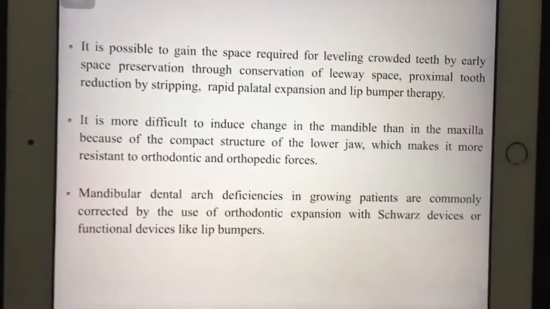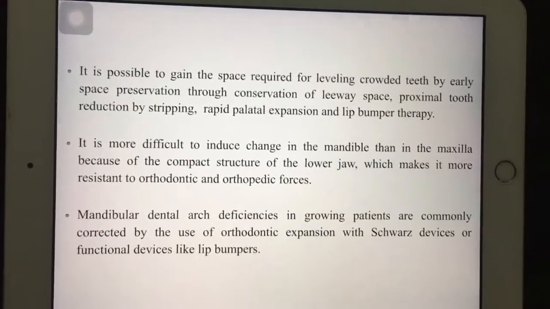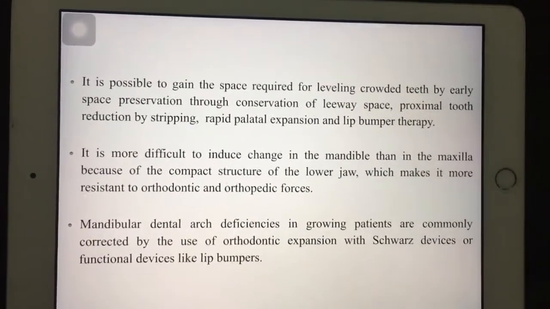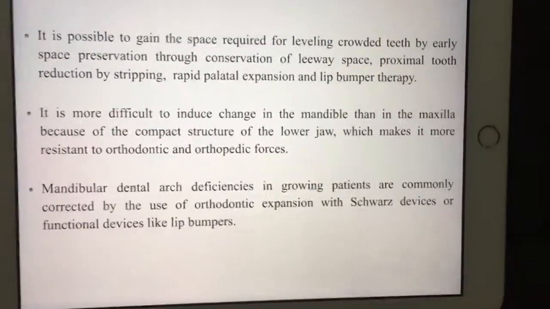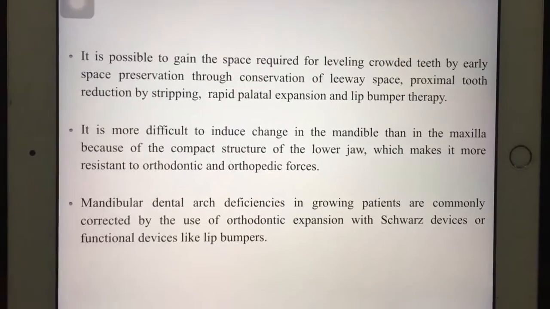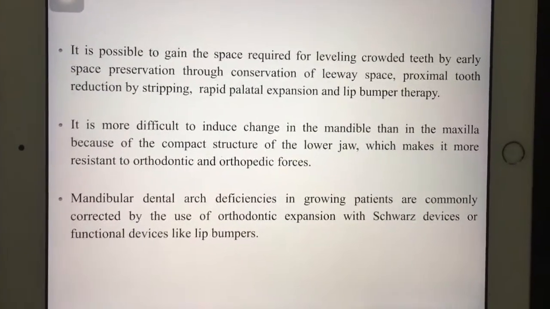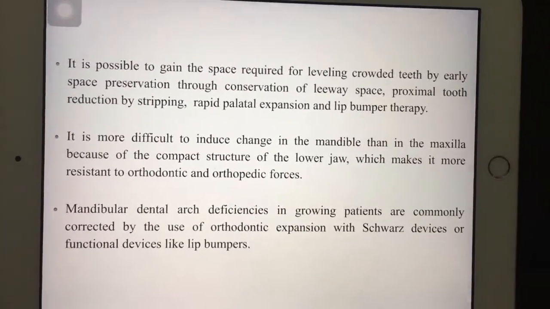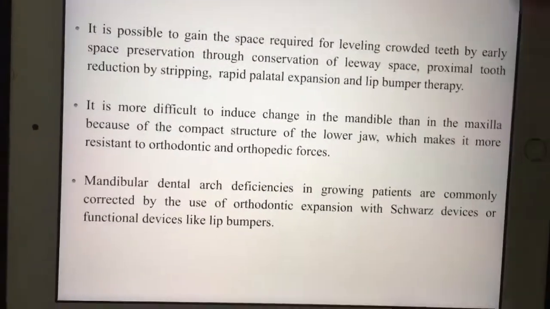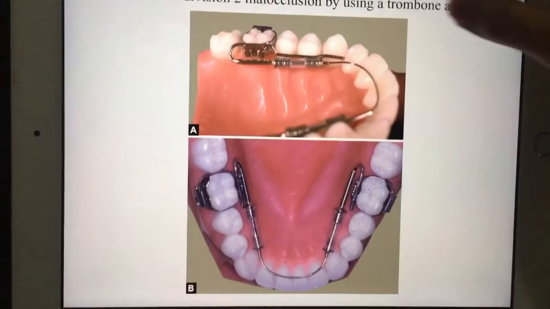So, instead, the lower expander simply move the teeth. So then, it will upright the teeth that are tipped inward. Mandibular dental arch deficiencies in growing patients are commonly corrected by the use of orthodontic expansion, such as Swartz device or functional devices such as lip bumpers.